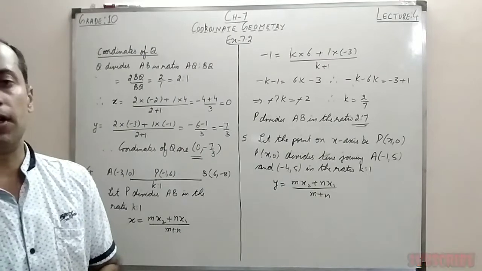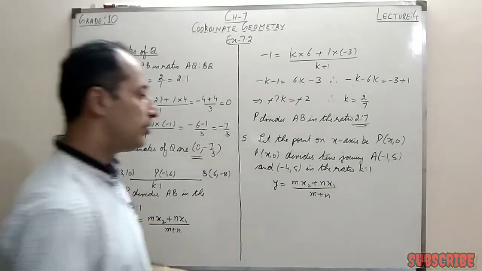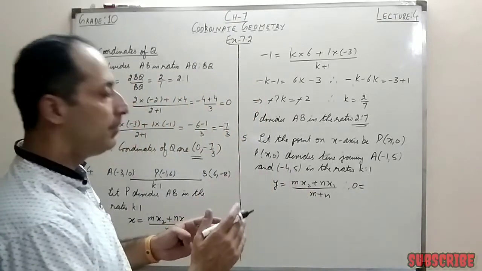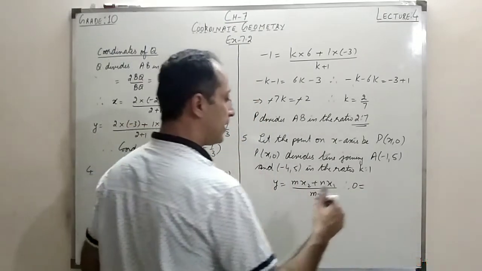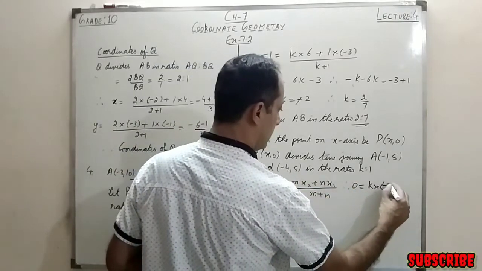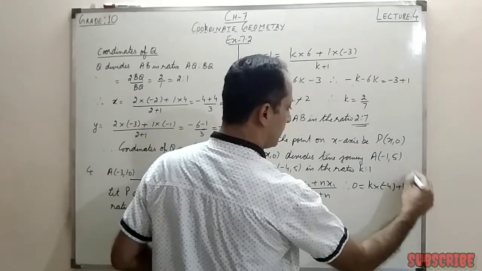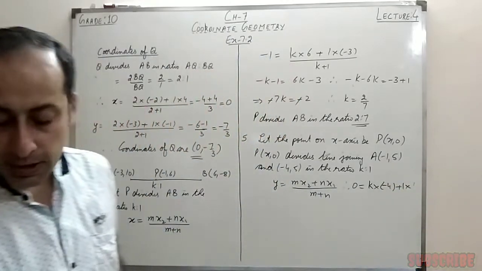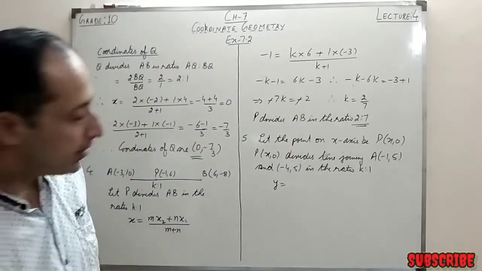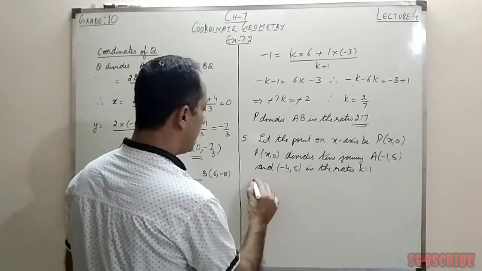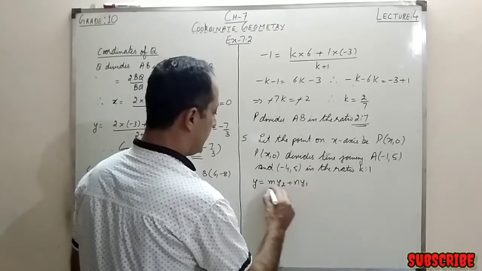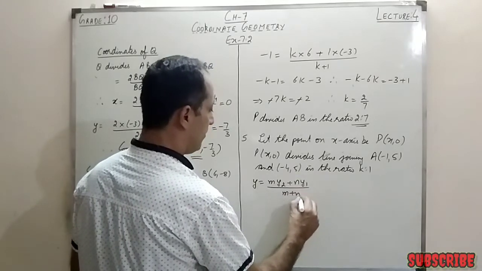Now the y coordinate of P is 0. So I write it as 0 equals to, now my m is k, I substitute k. Sorry, I made a mistake, I just wrote the coordinates of x. This is y equals to m y2 plus n y1 upon m plus n.